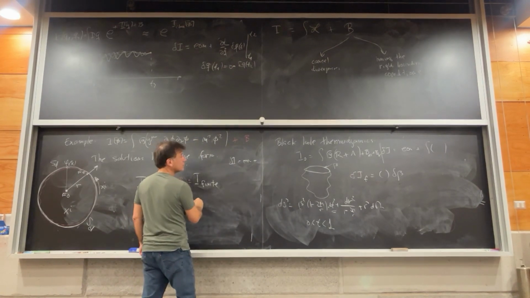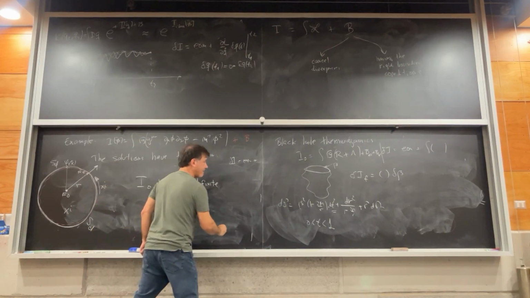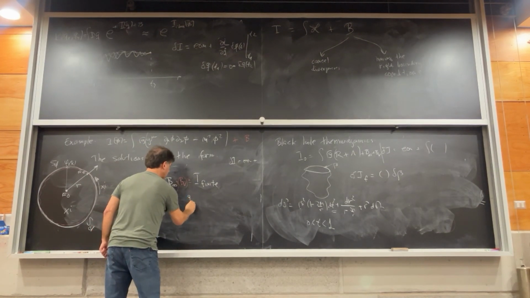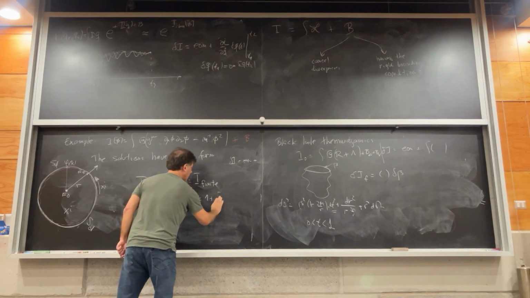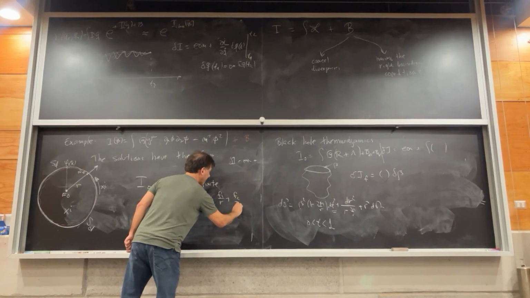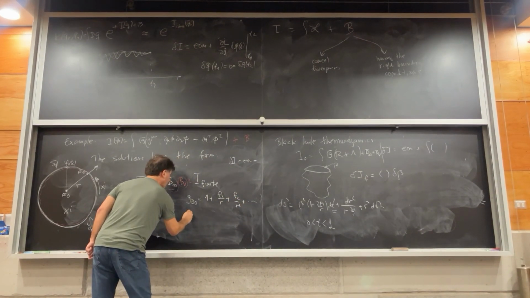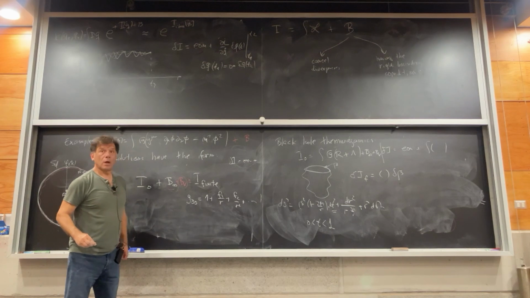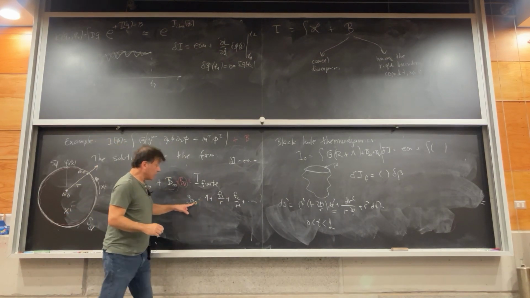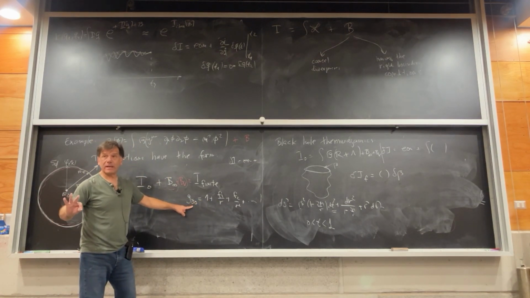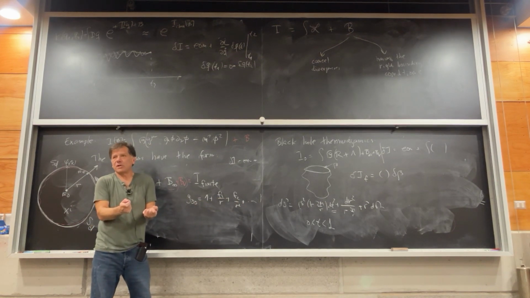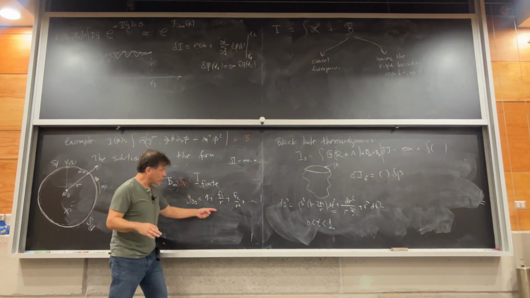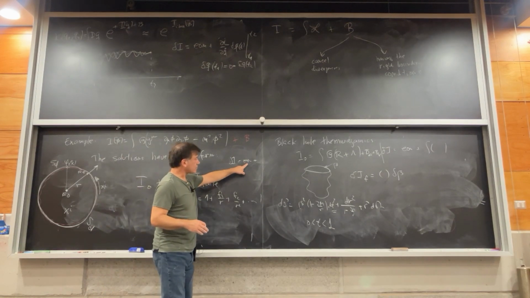Let me say that G00 will go like 1 plus some coefficient over R. Well, I need to assume some boundary condition for my fields. So, for example, G naught will be some relation which I pick up from the Schwarzschild metric. Once I do that, I will compute the variation.